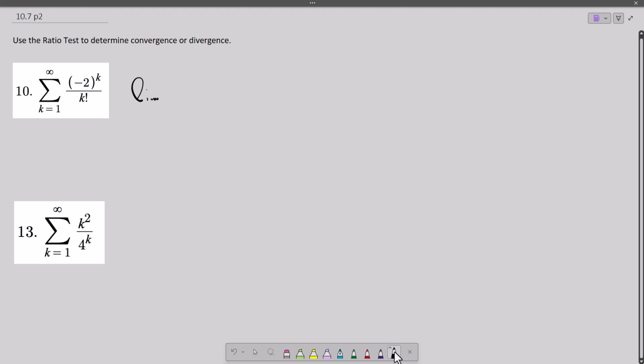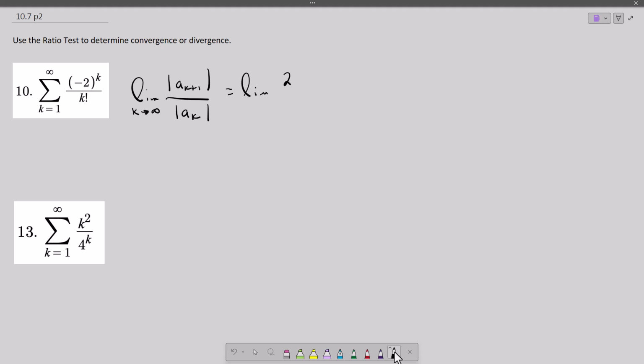So we're going to take the limit as k goes to infinity of the absolute value of a sub k plus 1 over the absolute value of a sub k. So the ratio of consecutive terms. So this is the limit of 2 to the k, took the absolute value, over k factorial. Oh, I don't want to put that in the denominator though.